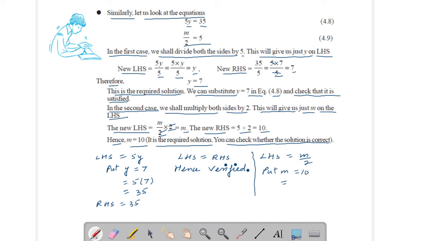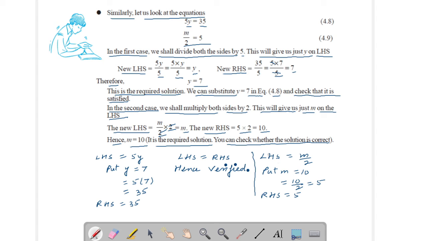You will get left hand side, replace m by 10 upon 2, and if you cancel it, you will get 5. And what is right hand side? Right hand side is 5.